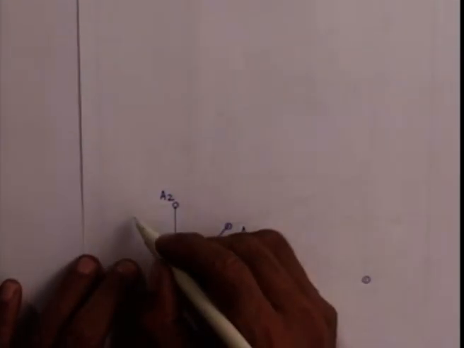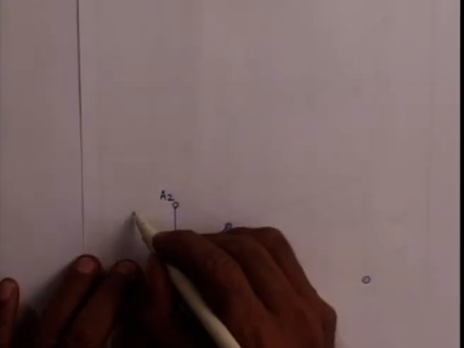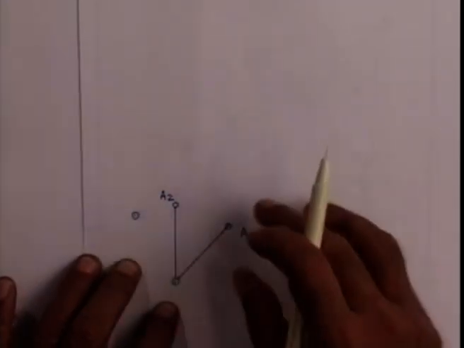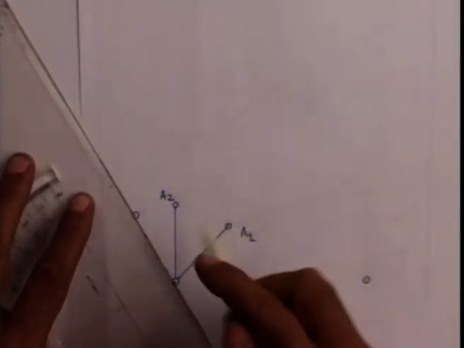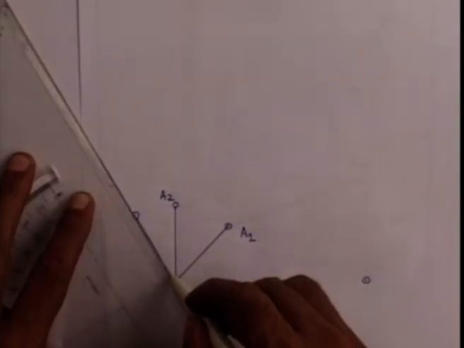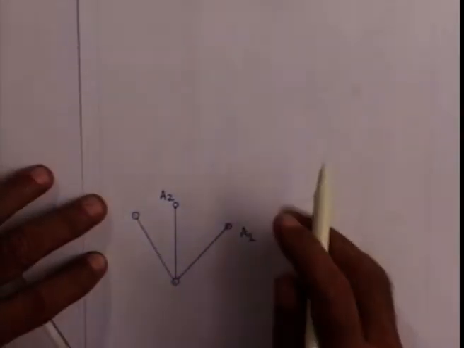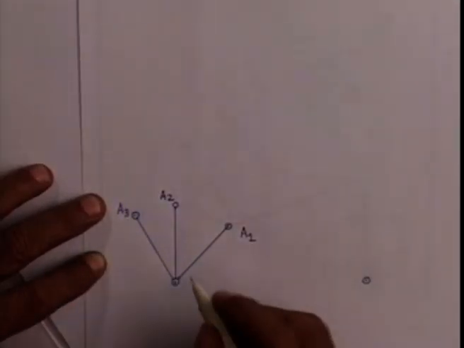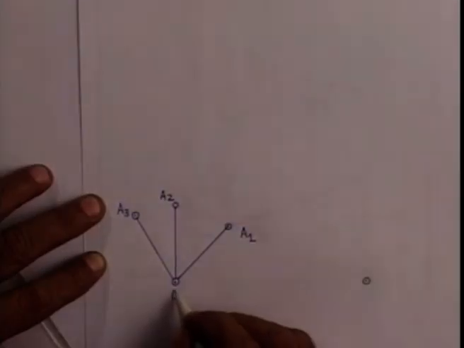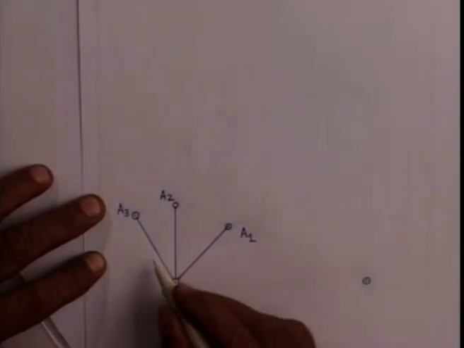Similarly, the third position is also known because theta 223 is prescribed and A2 comes to A3. This is the third position of the crank pin A3, and the angle between O2A2 and O2A3 is theta 223.